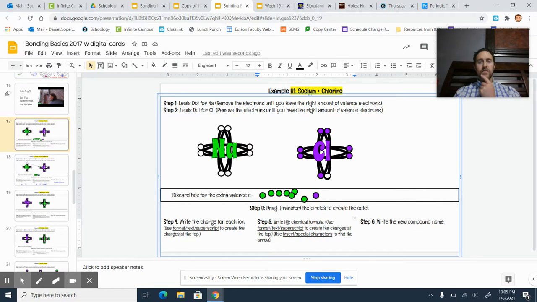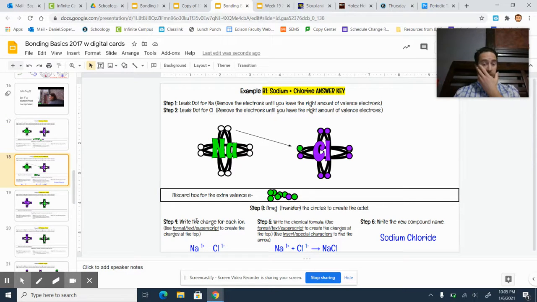Step 5, write the chemical formula. That's just Na 1 plus, plus Cl 1 minus, because it's got a 1 minus charge, goes to NaCl. And then we do the compound name. Let's take a look at what this should look like. I have dragged over my 1 valence electron from sodium, so that's happy now.